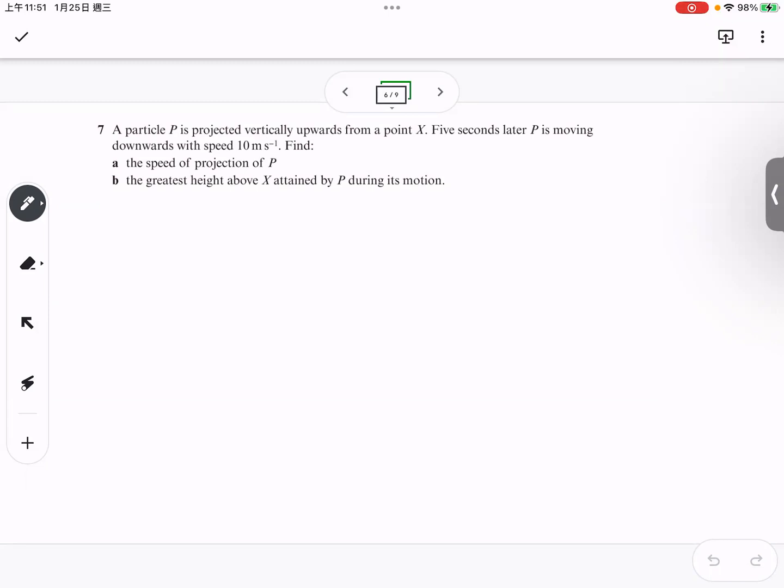For part B, find the greatest height above X attained by P during its motion. Okay, now please pause the video and try to draw the figure and diagram, and also find out what u, v, a, s, t are in these questions.